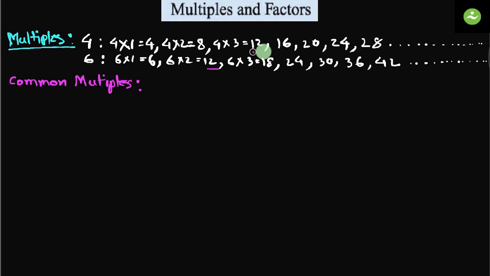So this is common to both. What is the next common? It's 24.